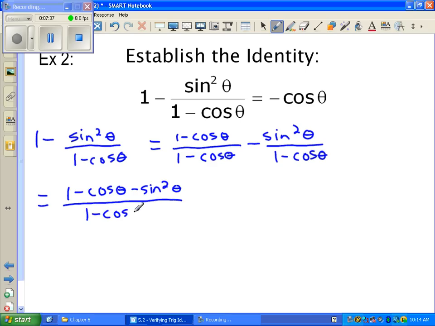Well, I see a lot of cosines here, and I do know that I can rewrite sine squared as cosine squared somehow with my Pythagorean identity. Let's take a look at that over here. We have sine squared theta plus cosine squared theta has to equal 1. This is an identity, so I can manipulate it. I need to get sine squared by itself here, so I'm going to subtract cosine squared from both sides.